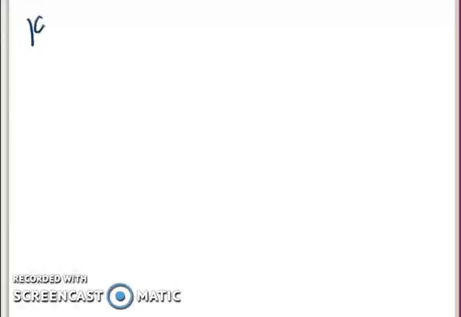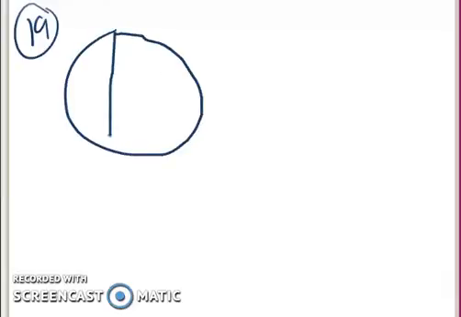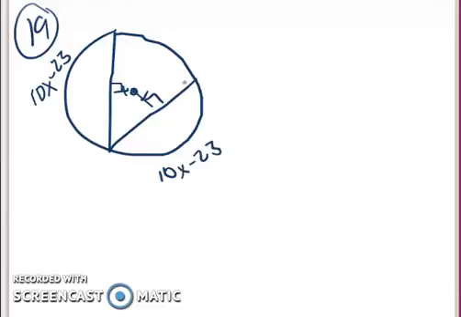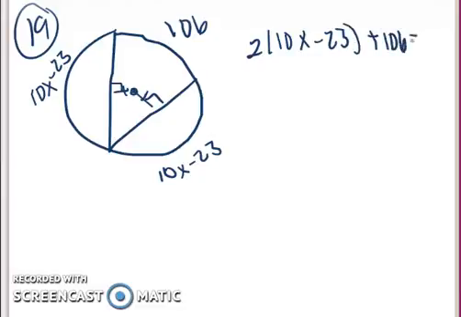Number 19. Okay, just a quick little sketch here for you. These are congruent, which means their arcs are congruent. So this is 10x minus 23, and this is also 10x minus 23, and this is 106. I'm going to do 2 times 10x minus 23 plus 106 equals the whole circle, which is 360.